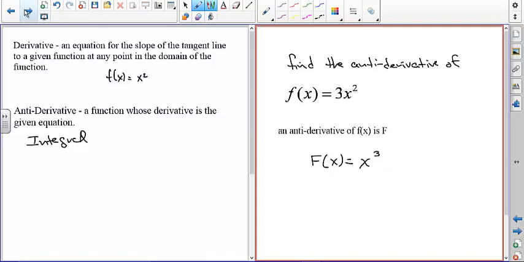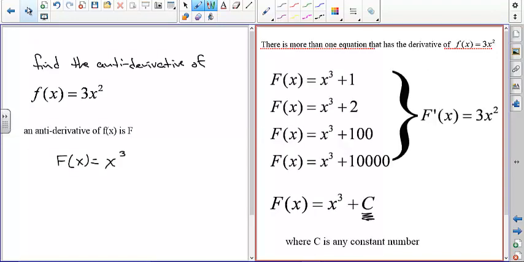Okay? But there's actually more than one equation that has the derivative 3x squared. It could be x cubed plus 1, x cubed plus 2, x cubed plus any number, any constant. Because if we take the derivative of this, the derivative of any constant is 0, and so you still get the derivative here being 3x squared for all of these choices.